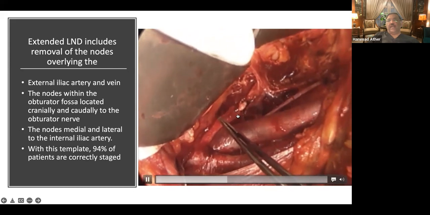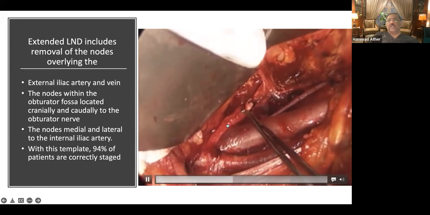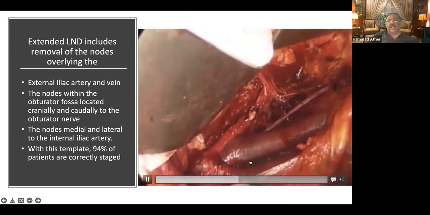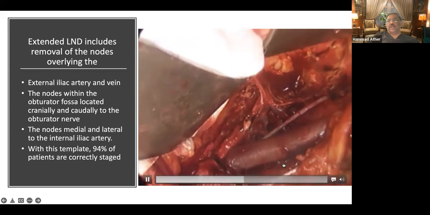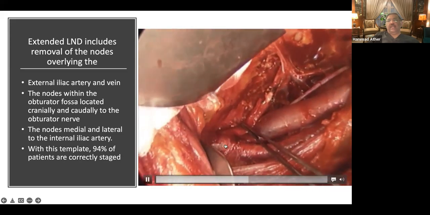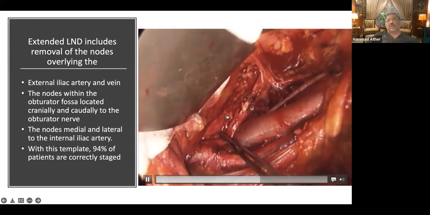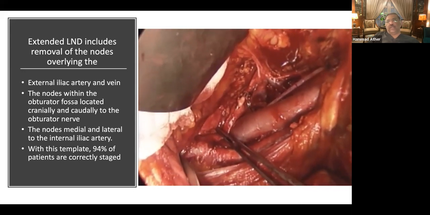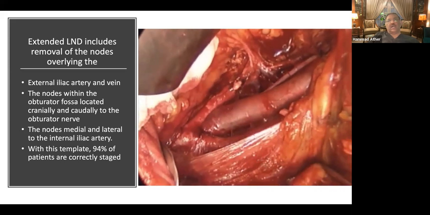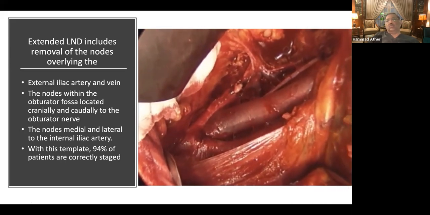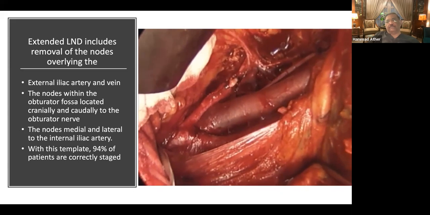So all lymphatics belonging to the internal iliac and external iliac, up to the genitofemoral nerve laterally, you resect. And you also go medially to search for median sacral lymph nodes. And these lymph nodes are all important to do the local staging of disease.